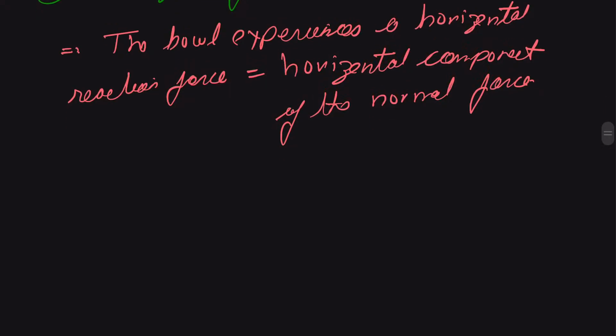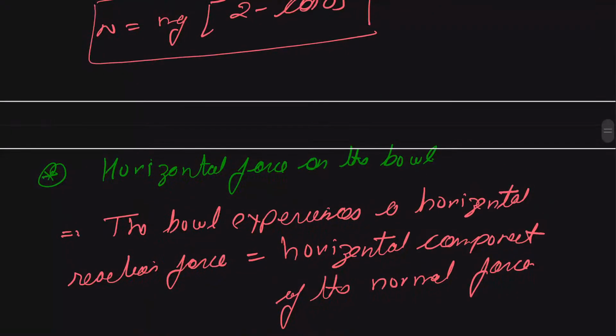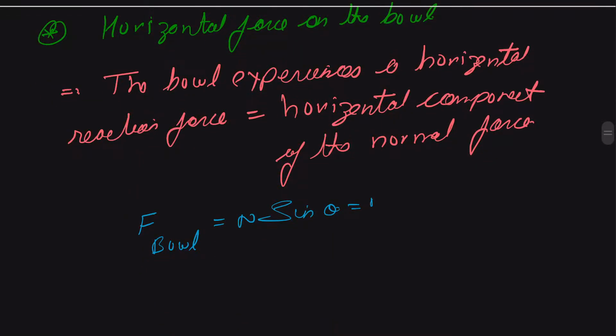Therefore, we can write the equation that the force on the bowl will be equal to N sin theta, and we already know our N, which is mg(2 minus cos theta), and this comes with sin theta. So this is our horizontal force on the bowl.